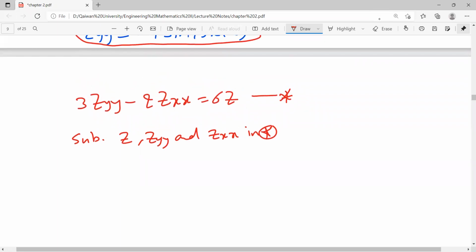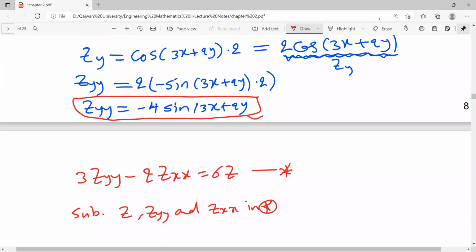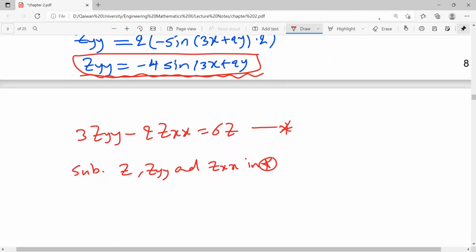Here we have 3 times z sub yy. We just multiply minus 4 sine 3x plus 2y by 3. So you get 3 times minus 4 sine 3x plus 2y.